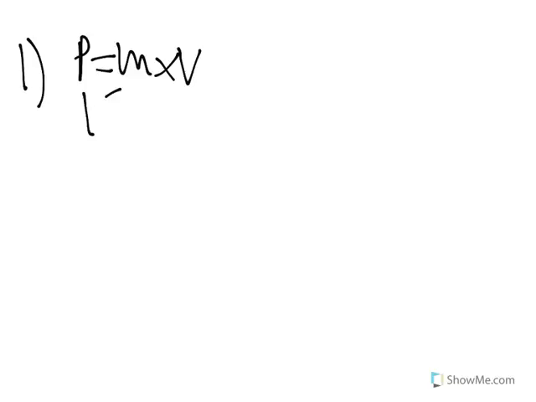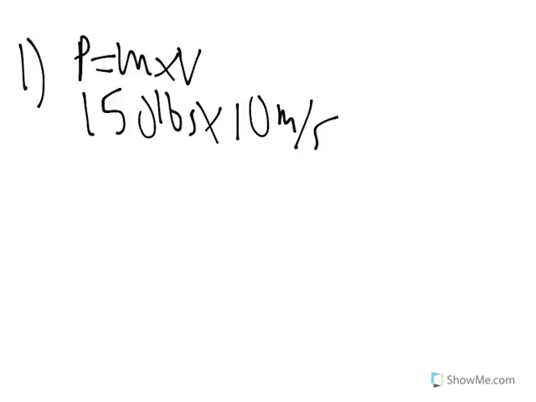Okay, let's move on to this problem. First part, relatively simple. We know momentum equals mass times velocity. We can just sum the two momentums together. The first momentum is 150 pounds times 10 meters per second. Because he's going to the right, which we define as the positive direction, that number's positive. So that comes out to 1,500.